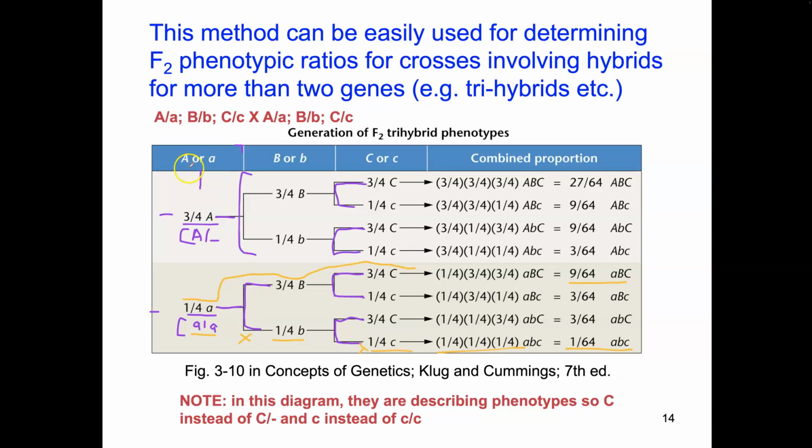So the advantage of this is that you can produce a phenotypic ratio for all of the progeny, but you could be asked something like, what is the probability that a particular individual is going to have all the dominant traits? And then you just look at that one outcome, and you can figure out the probability of it. So it can be very, very useful.